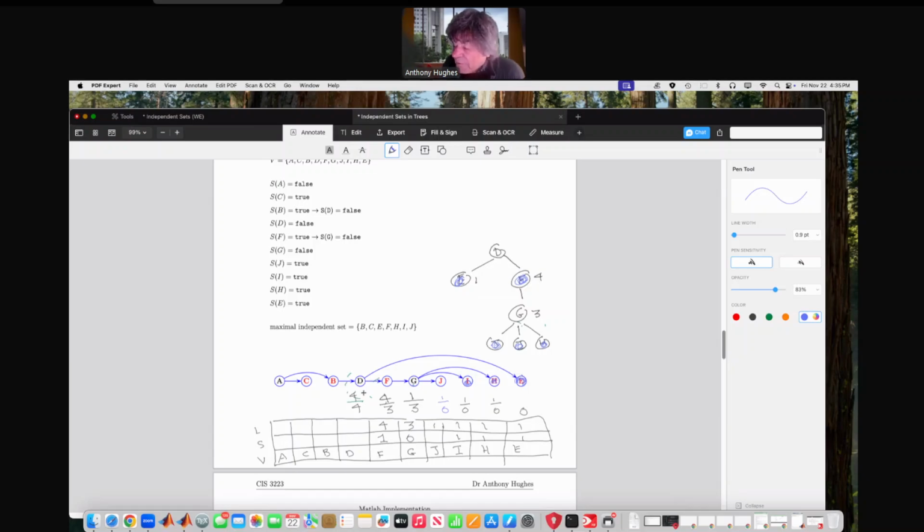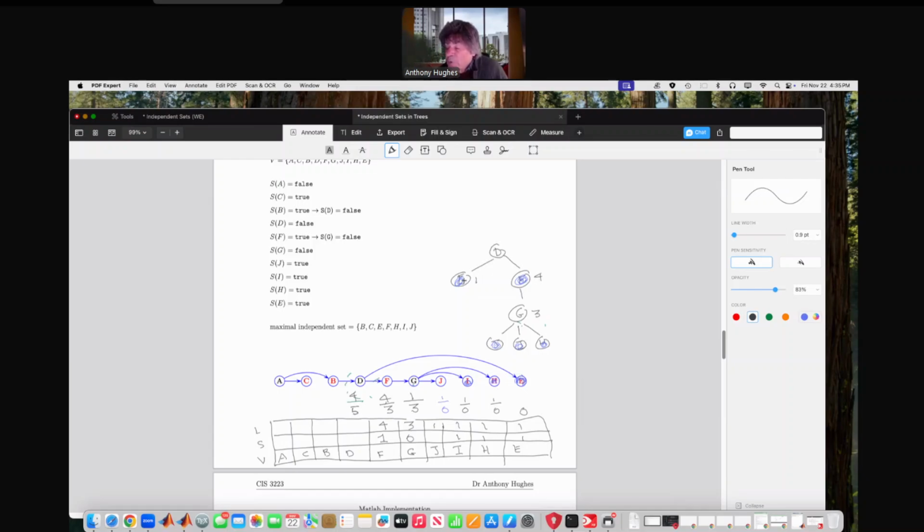Let me see. So if I exclude D, I can have its child E and F. So if I exclude D, I actually get 5. Because if I exclude D, I got the child E and I got the child F, which leads on to 4.